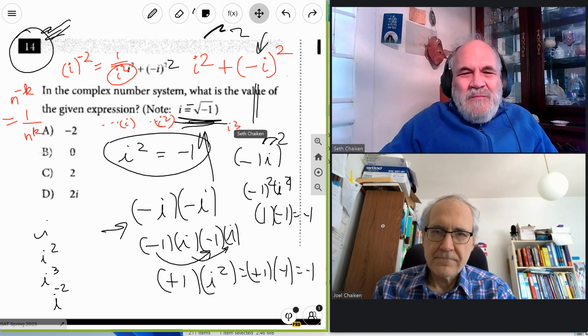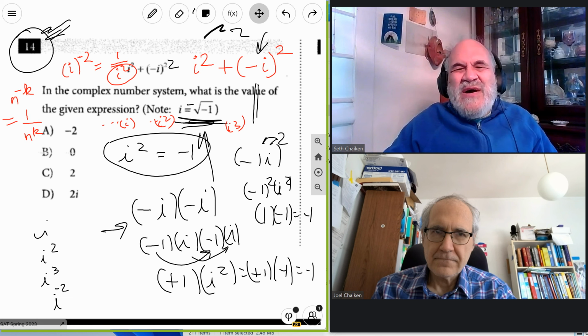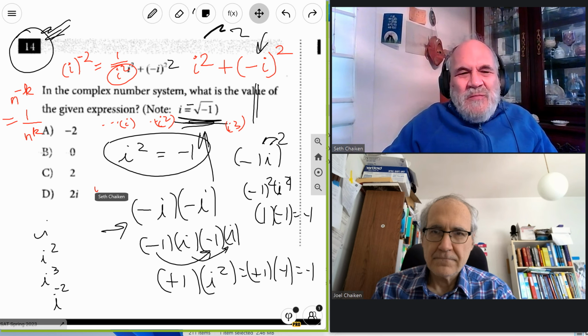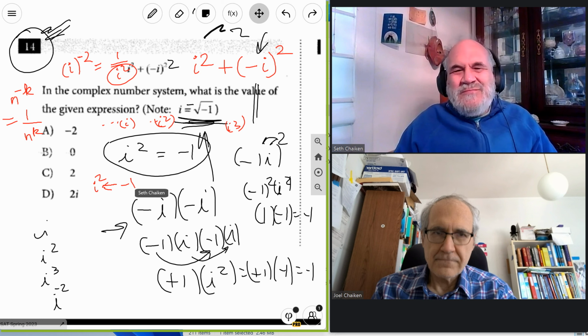And then at the very last step, wherever you see an i, you leave it the way it is. Whenever you see an i squared, you replace it by minus 1.